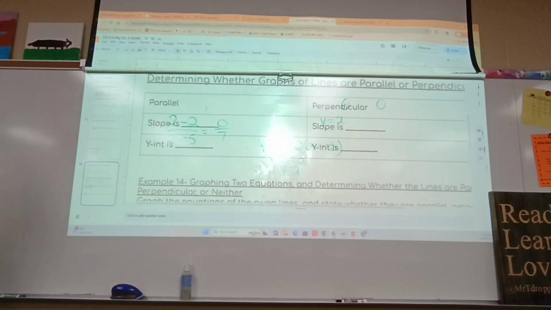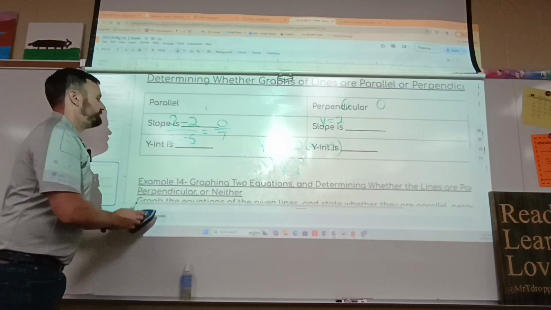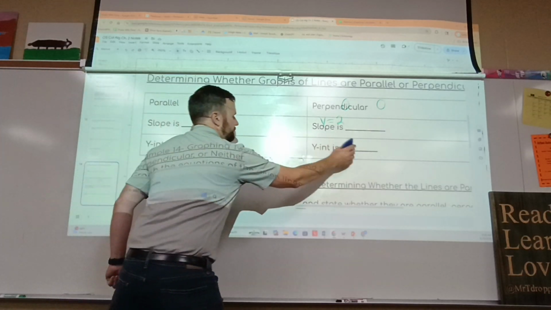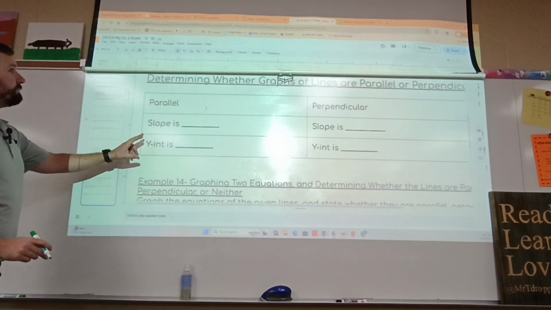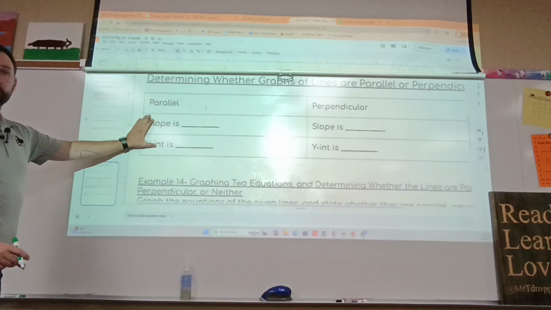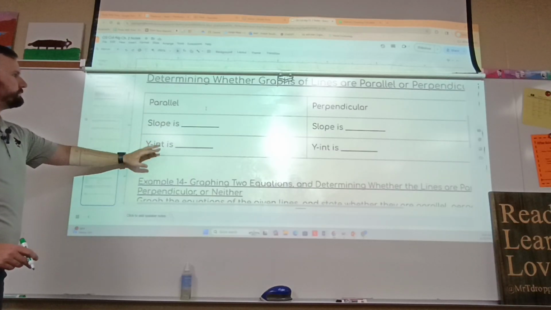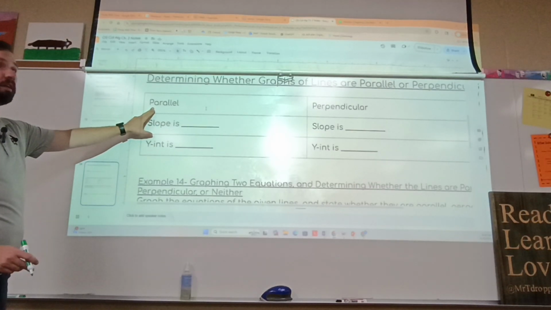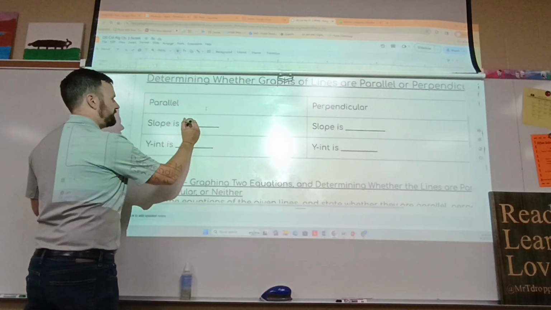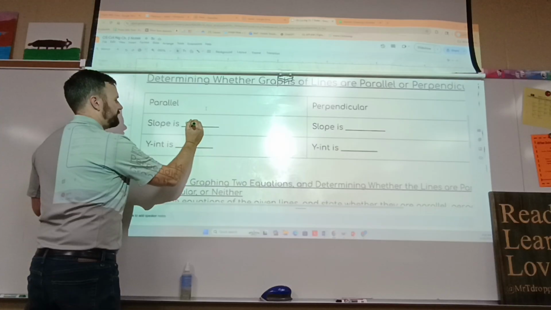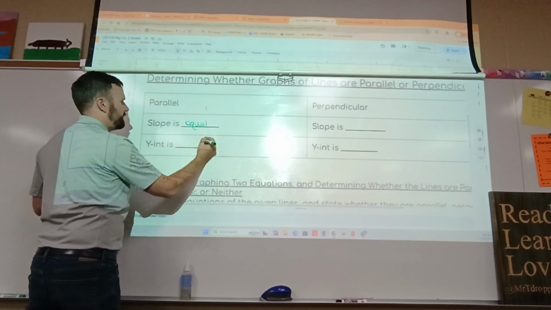All right, parallel and perpendicular. If 2 lines are parallel, the slope is equal, right?